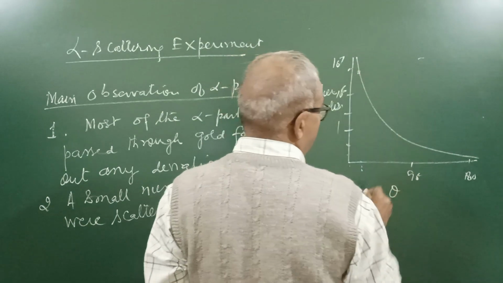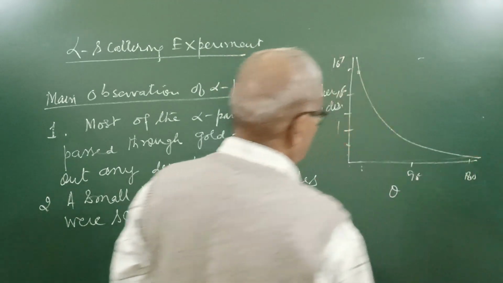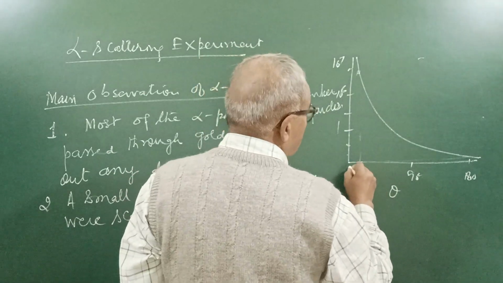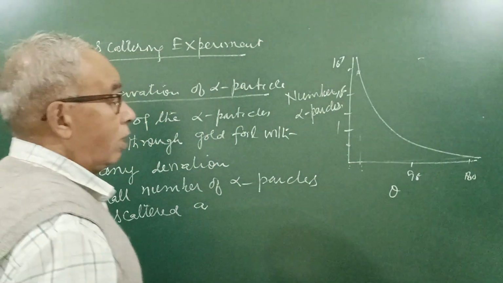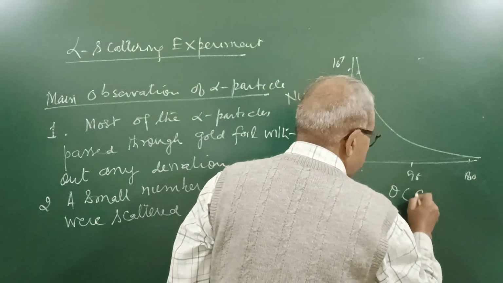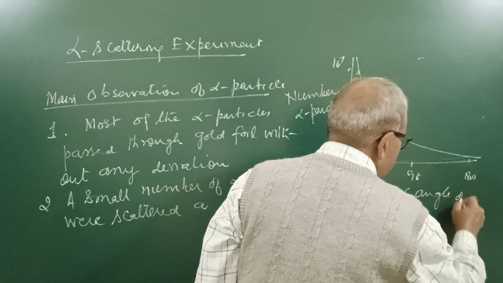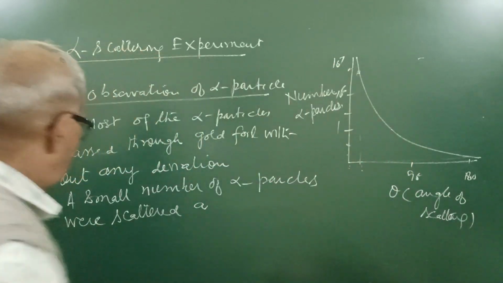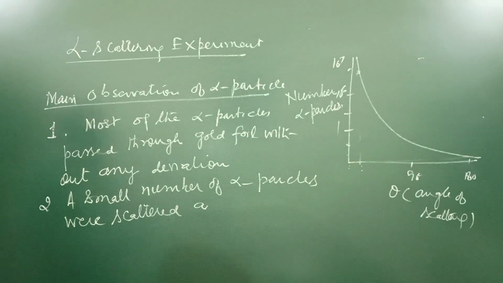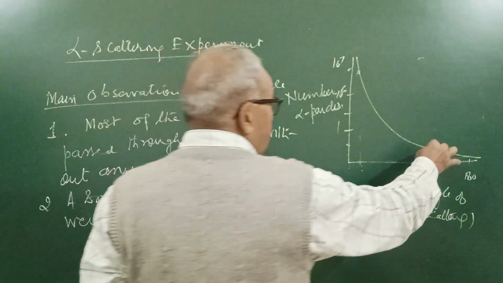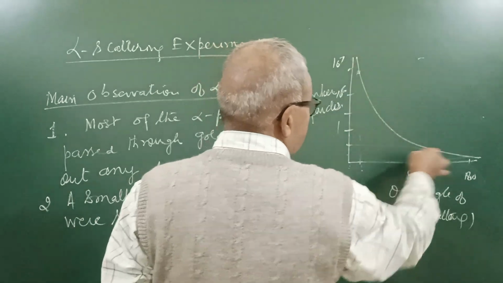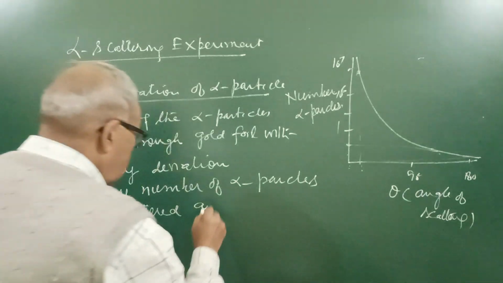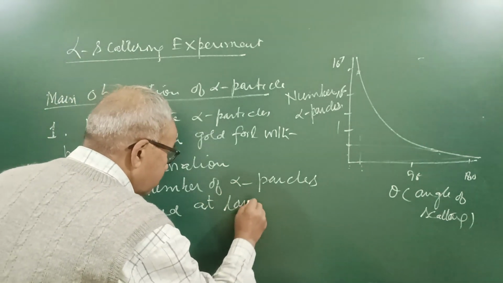This is a big number, a large number, without deviation, where theta is very small. This is the angle of scattering. So a small number of particles, about 10 to the power 7, were scattered at large angle. Simple.